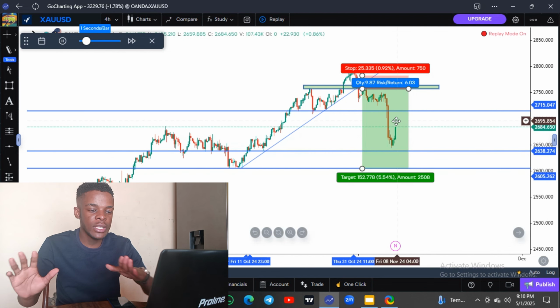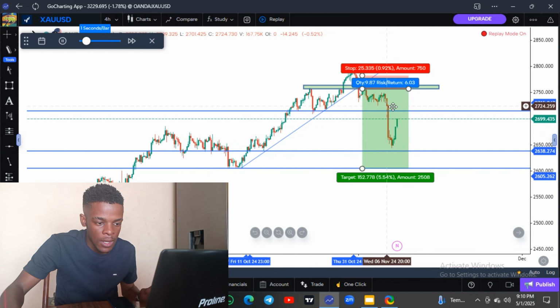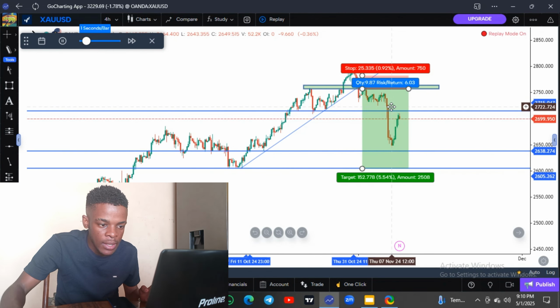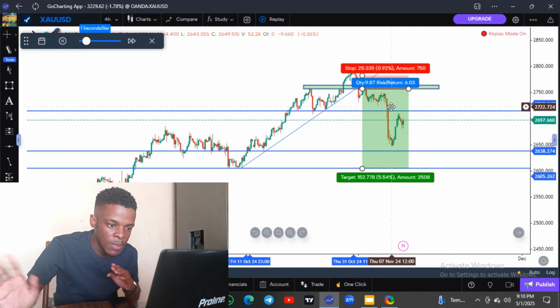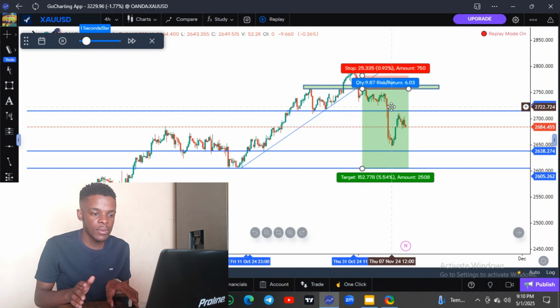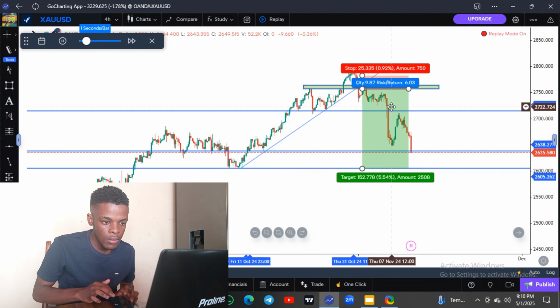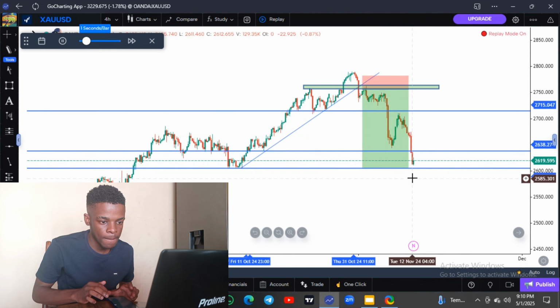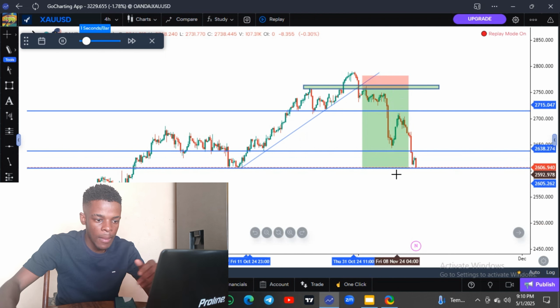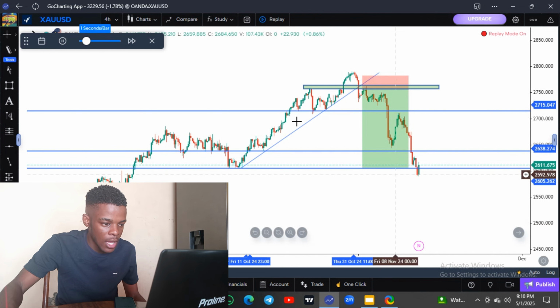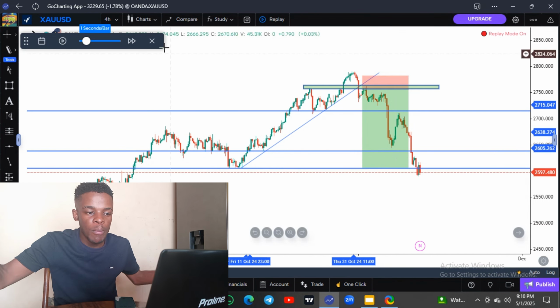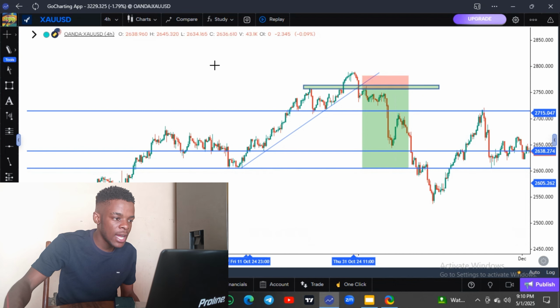Now you can lock your profit below your TP. Then you just have to wait again. As you can see, we are about to hit. Boom, your TP3 hit. Then you are done.